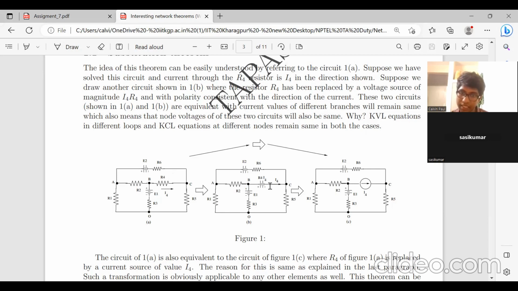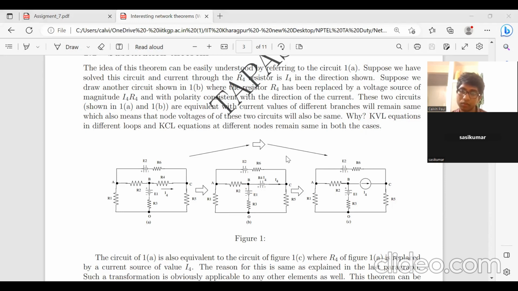And there's a current I4 which is flowing through this battery. So this is what we can consider. So now, if we apply KVL to this network, or if we apply KVL to this network, we will still get the same KVL expression, same KCL expressions, and so the values of the current, etc., voltages will not change.